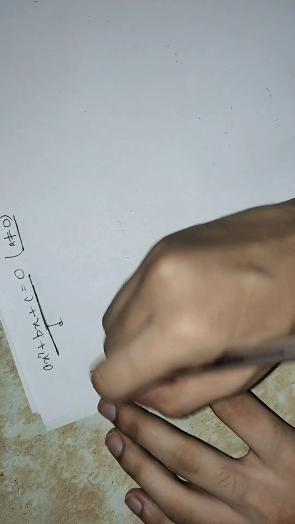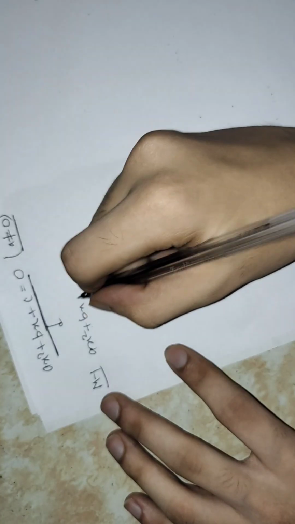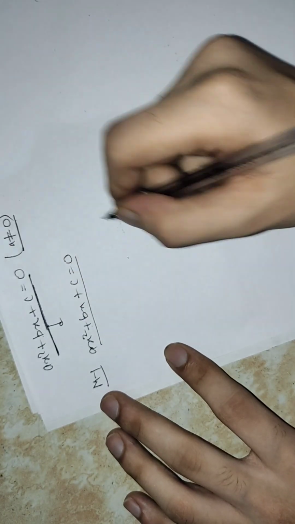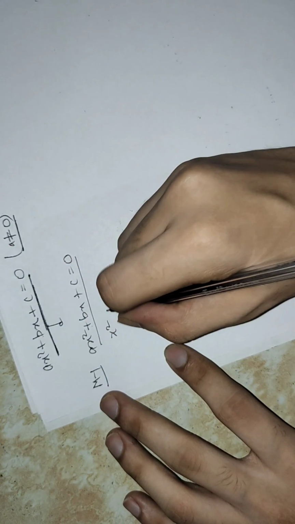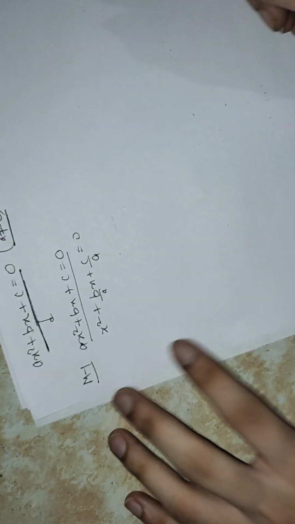Method 1 to solve the quadratic equation: we have ax square plus bx plus c is equal to 0. Divide by the coefficient of x square in step 1, like this, is equal to 0.